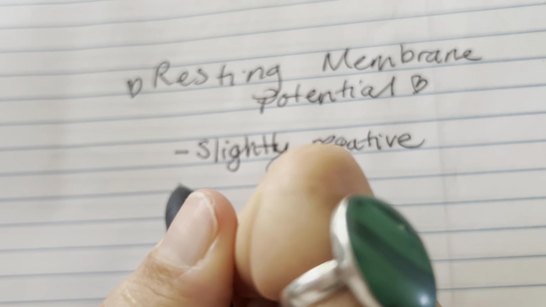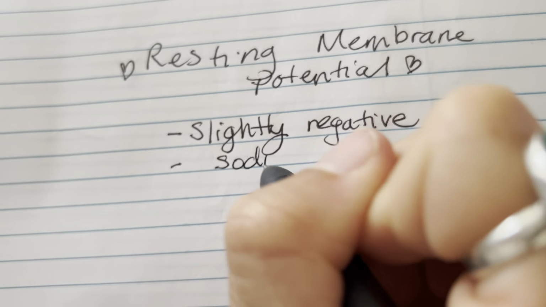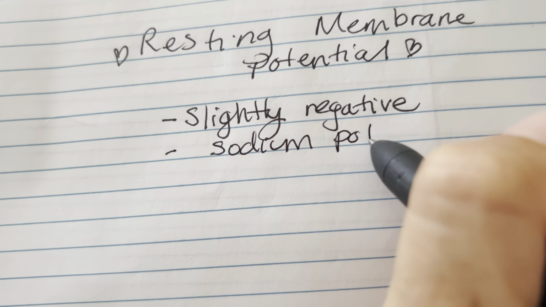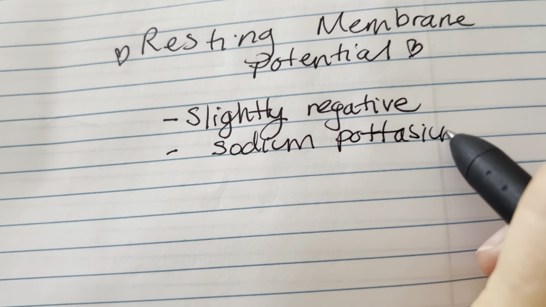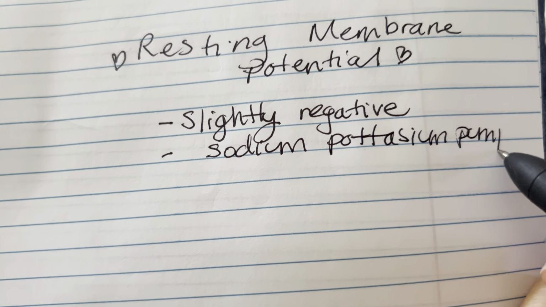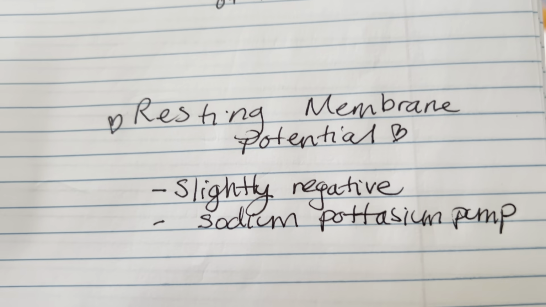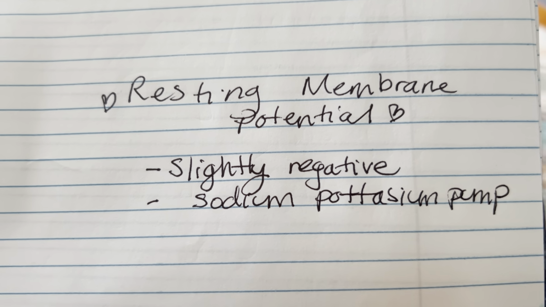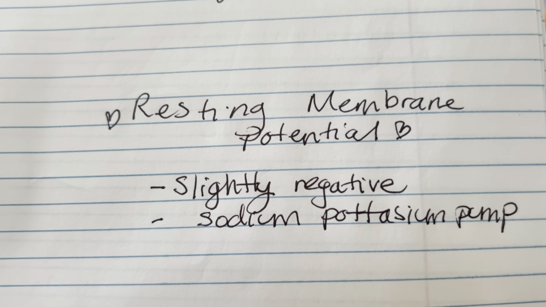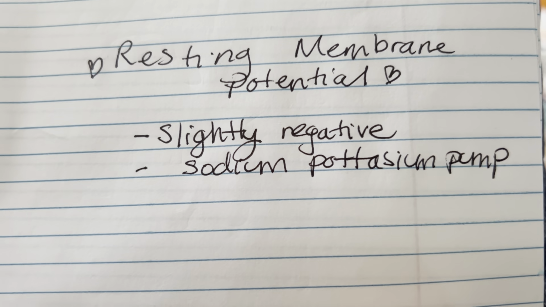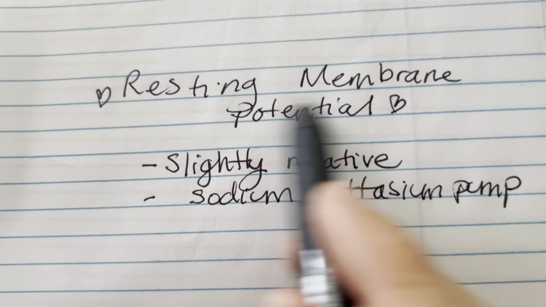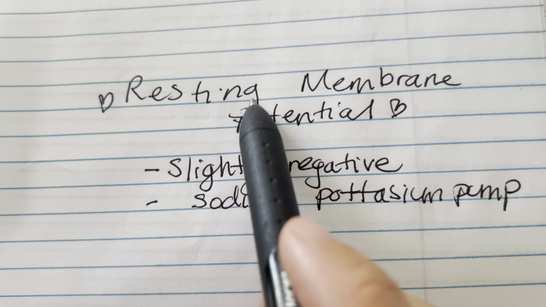Now, something really instrumental in this is the sodium and potassium pump. And these ions travel in and out of the neuron. And because one is slightly more negative than the other, and there's more negative going in than going out, it balances the cell and it keeps it in a state of rest. So since the cell is slightly negative, a certain threshold needs to be reached for an action potential to be initiated.